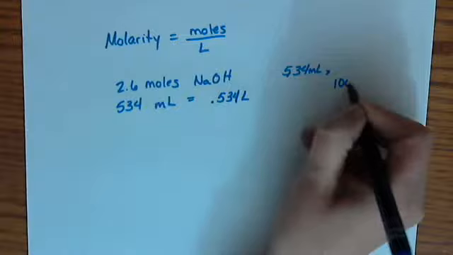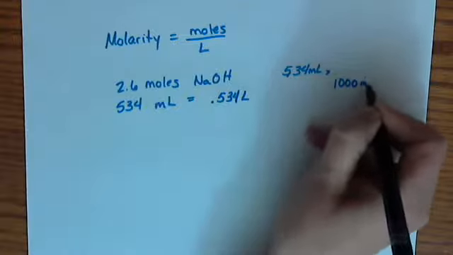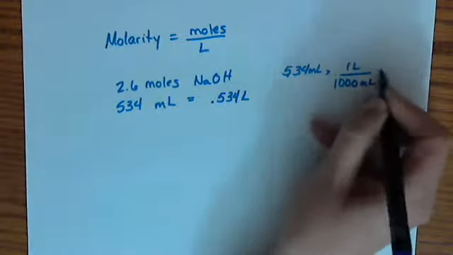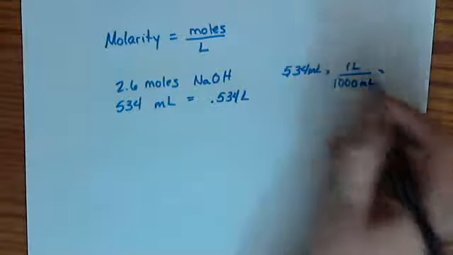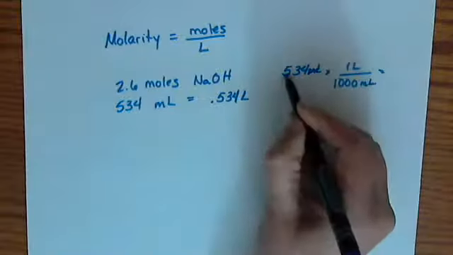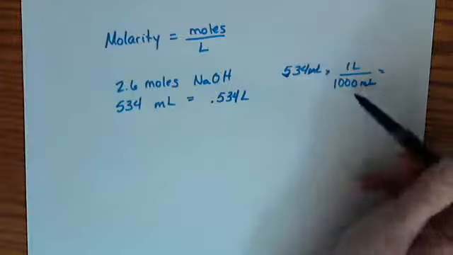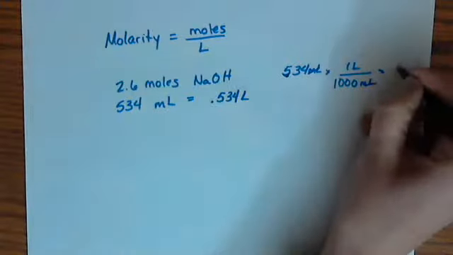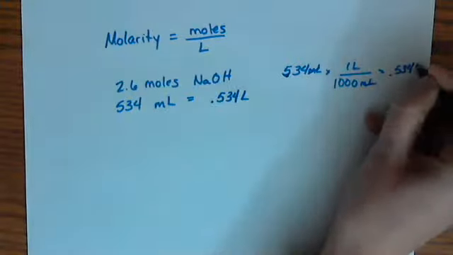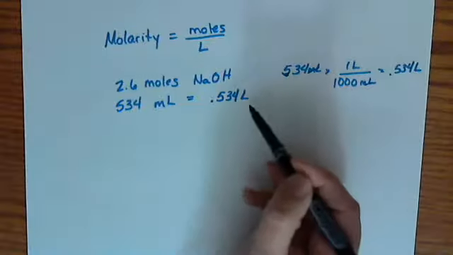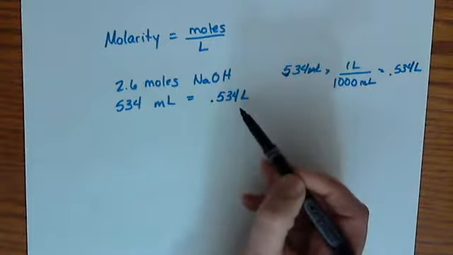There are always 1,000 milliliters in 1 liter. So if you do that math, the milliliters cross off, and 534 divided by 1,000 is 0.534 liters, just in case you couldn't do that one in your head.